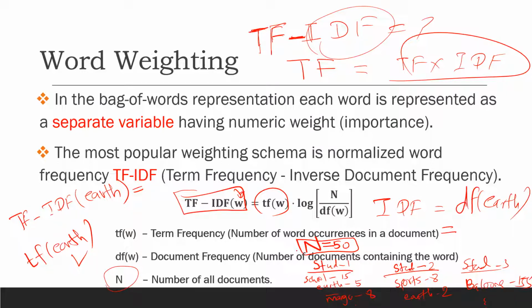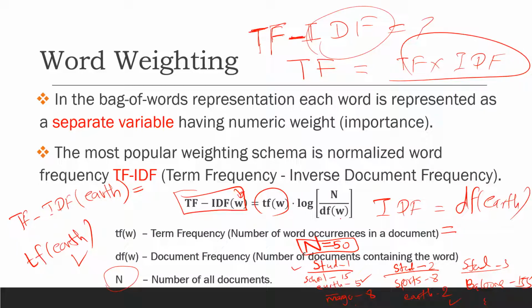If it is TF, term frequency, we need to find out for each document how many times the word earth is there. Here 5 times, here 10 times, sorry, this is not earth.